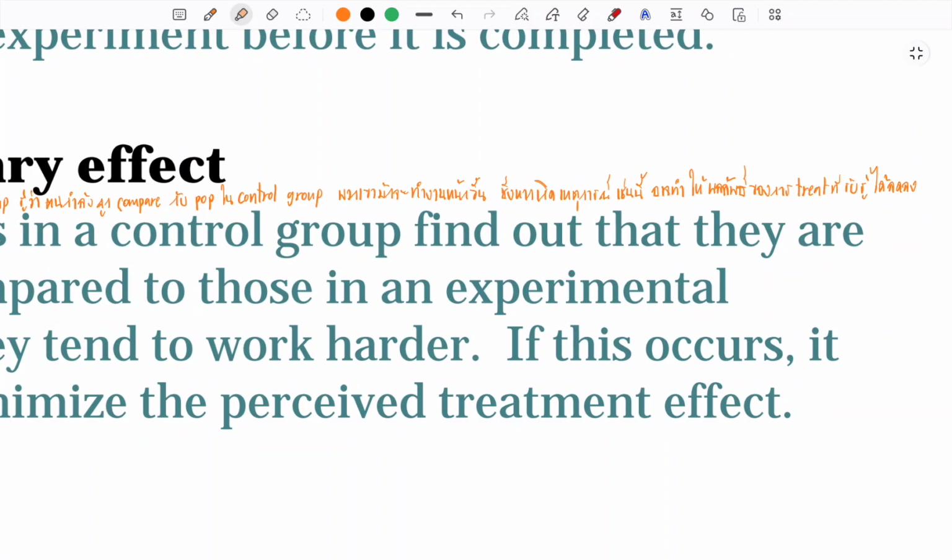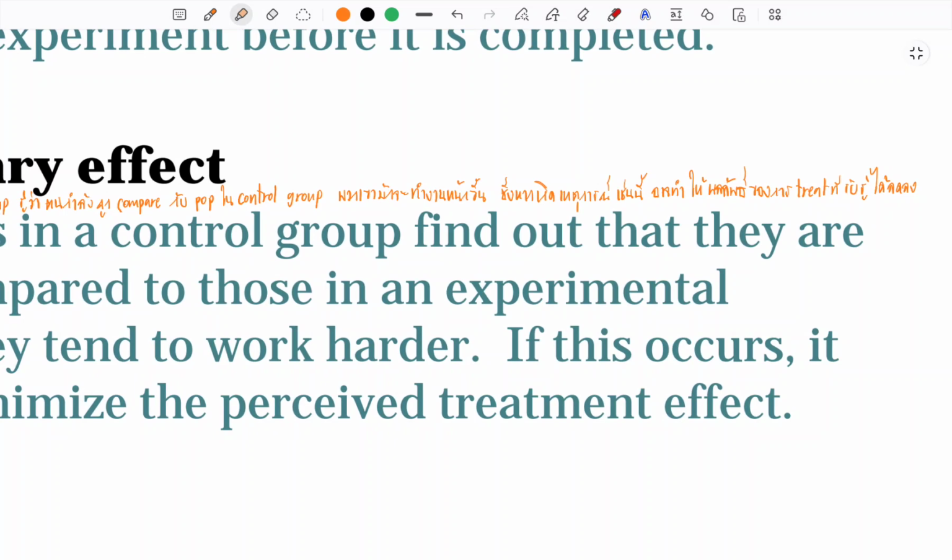He found out that he was going to be compared with the machine, so he tried to work hard in order to compete with the machine. That's why the result from that study is not exactly what his performance actually is.